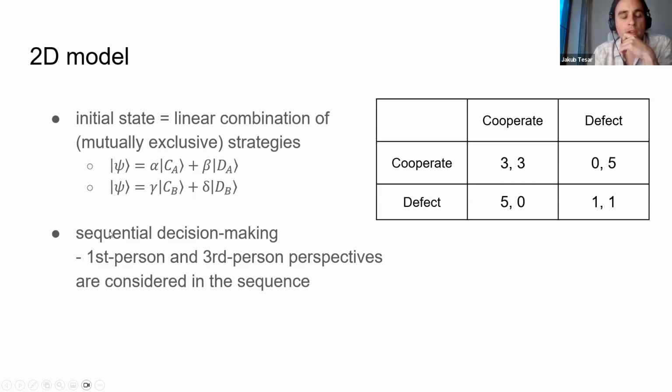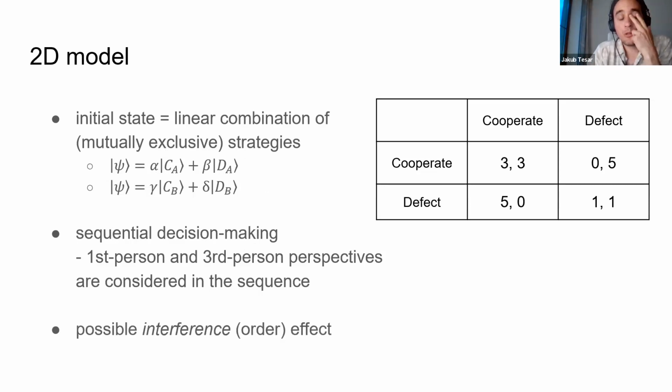So we would think about sequential decision making, and we would say that the first person and the third person perspective in the game, so thinking about myself and thinking about the other, are considered in sequence, which leads to the possibility, if those perspectives are incompatible, of interference or order effects.